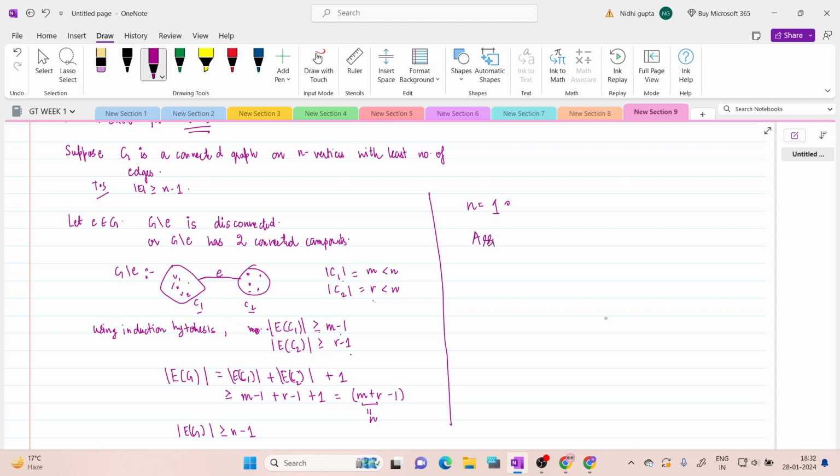Now assume the result for N minus 1 vertices, and we want to show it for N vertices, right? So suppose I started with G, a connected graph with N vertices.